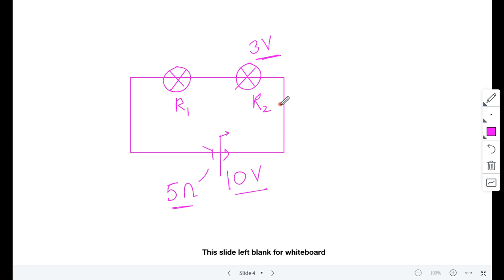And then to find R2, all you'd have to do is 3 divided by 2, which is 1.5 ohms. Is that correct? Yes. And you can even cross-check it: R should be R1 plus R2. So 3.5 plus 1.5 gives you 5 total resistance. Okay.